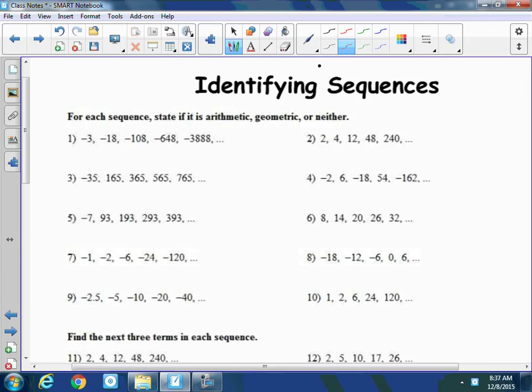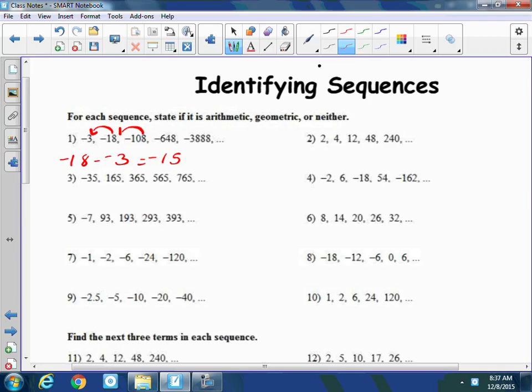Alright, so how do we find a common difference? Negative 18 minus negative 3. What's negative 18 minus negative 3? And then you say negative 15, and we found that difference.